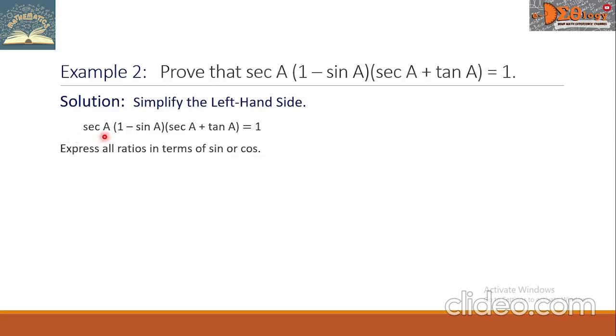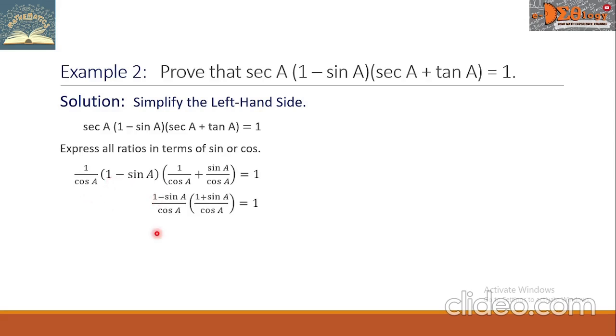So this secant A becomes 1 over cosine A times 1 minus sine A times the secant A here becomes 1 over cosine A plus the tangent A becomes sine A over cosine A equals 1. From here we multiply this 1 over cosine A by this 1 minus sine A. It becomes like this.